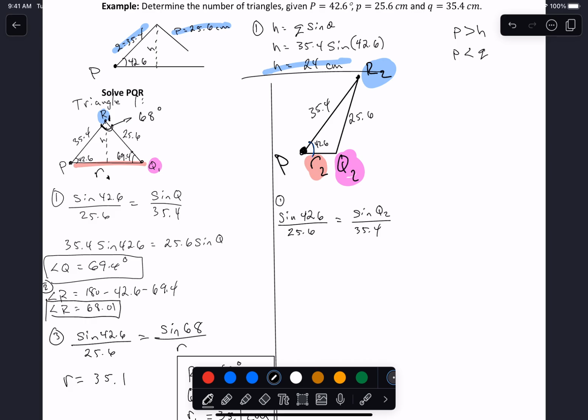When I do that work, I should see that angle should be what? 69.4. Say that again? 69.4. For Q2? Because it's the same stuff. It's not the same angle though.